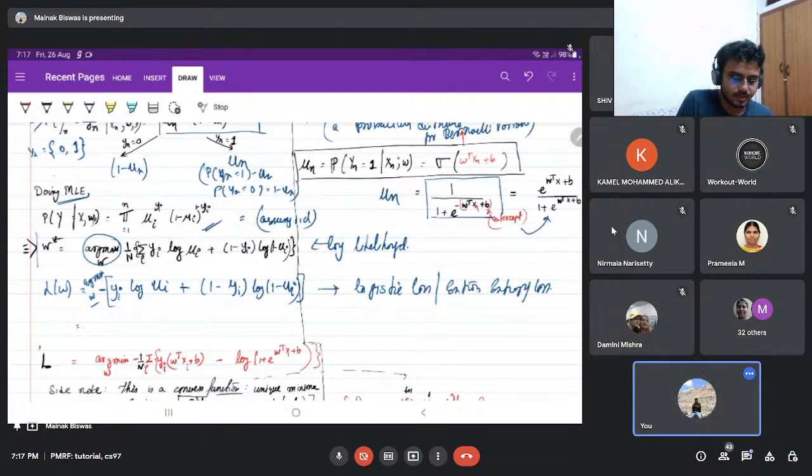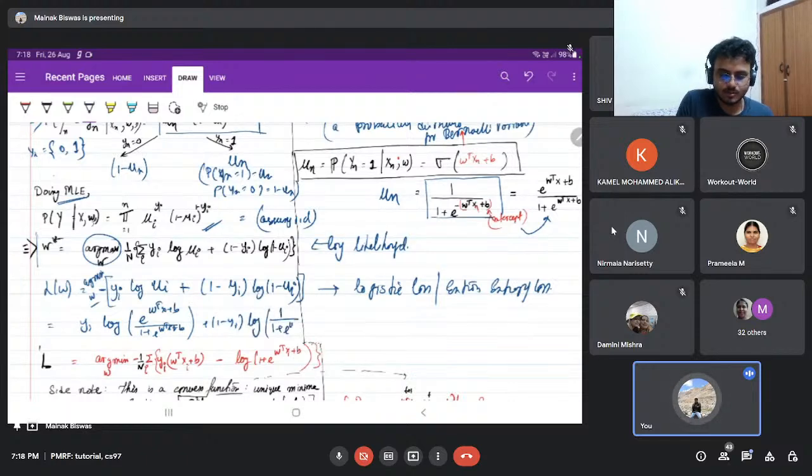So mu i is e to the power of W transpose x plus b over 1 plus e to the power W transpose x plus b, and 1 minus mu i is 1 by 1 plus e to the power W transpose x plus b.